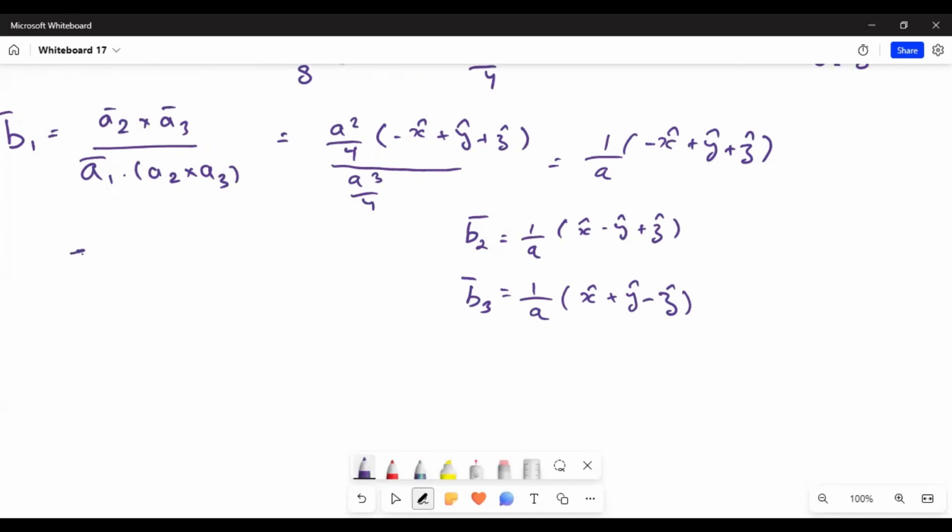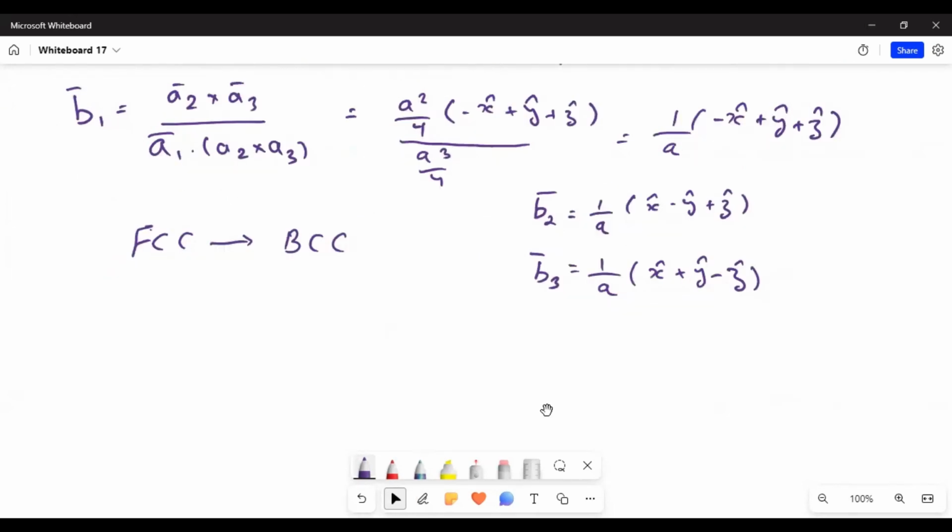So basically FCC in real space converts into BCC, body-centered cubic, in reciprocal space. Let's move forward and go to the concept of the Wigner-Seitz cell.